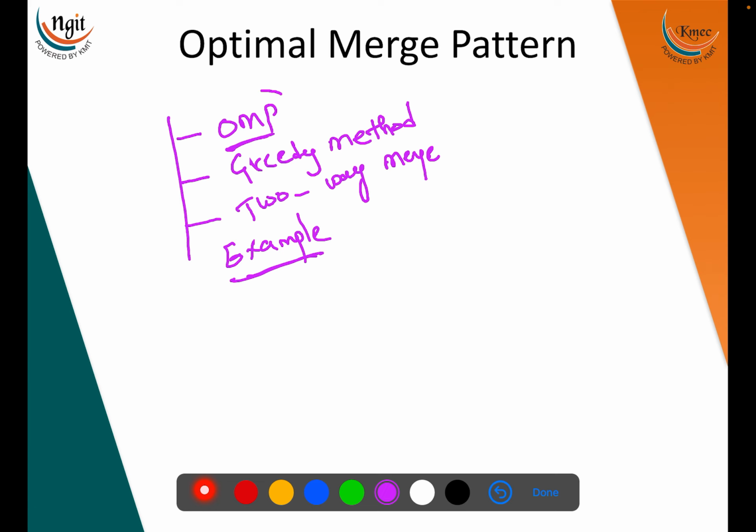Now, what is optimal merge pattern? The name itself suggests that we are going to do some merging operation. Merging can be done in many ways. When you have two files, let us understand that I have files A and B. A file basically consists of several records. Let's assume that file A has n records and file B has m records.